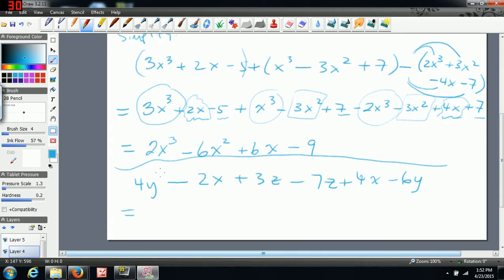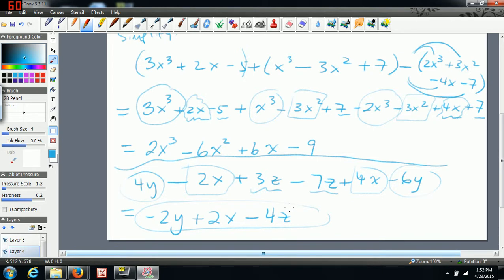There's no brackets, so I'm going to find like terms. So the y's are like terms, the x's are like terms, and then the z's go together. So 4y minus 6y is minus 2y, and then negative 2x plus 4x is positive 2x, and then 3z minus 7z is minus 4z, and that would be our final answer for that one.